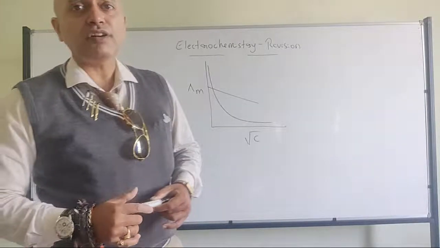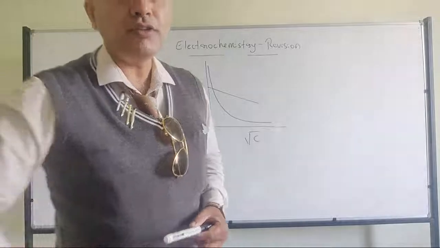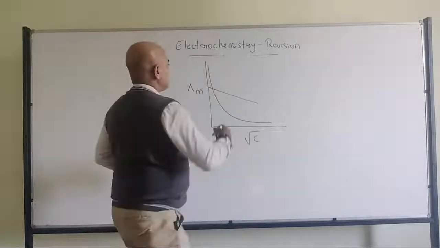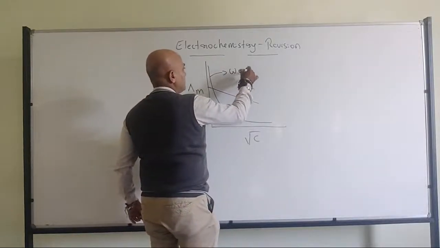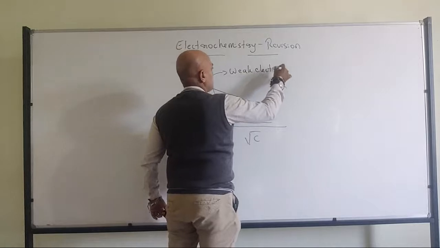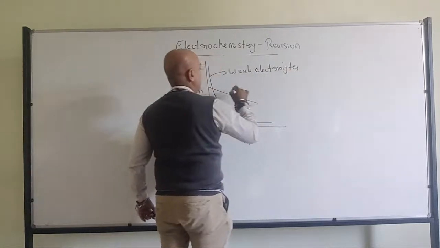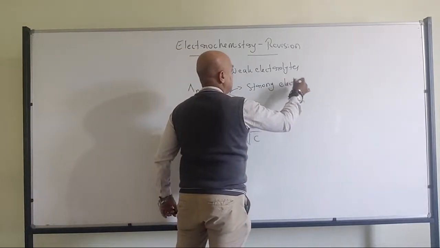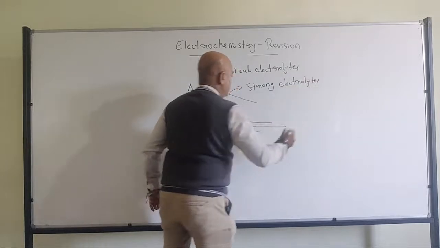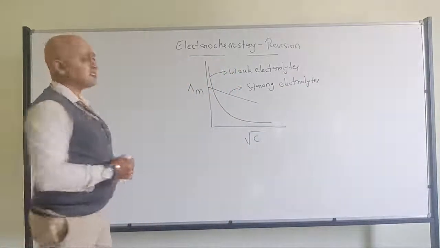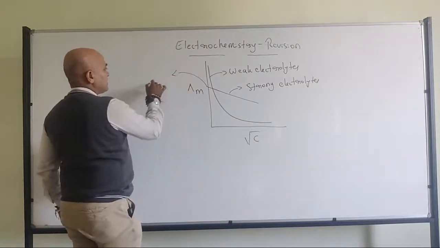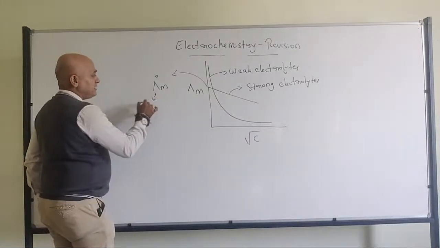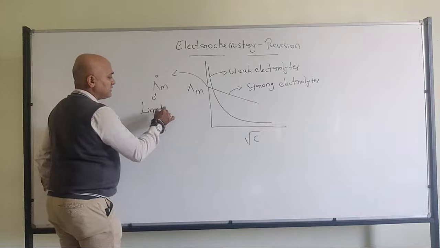Only strong electrolytes connect with the y-axis. Weak electrolytes will not reach the y-axis. And this intercept is called the limiting molar conductivity.